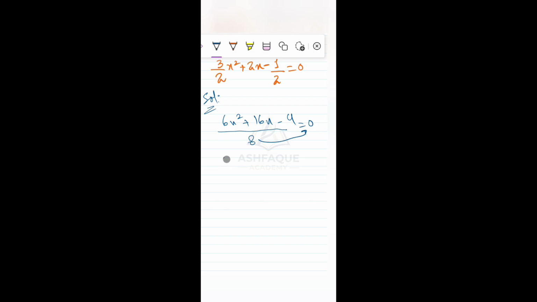Now we will look at the equation, so we can take a common factor to simplify it further.